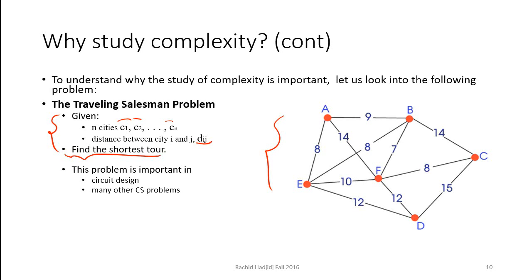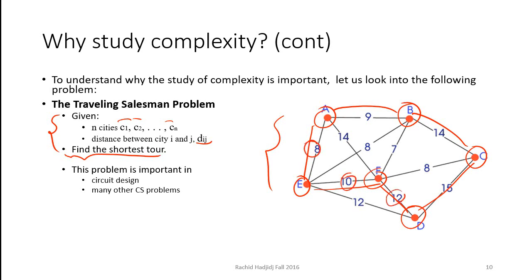A possible tour could be to start from A, then go to E, then F, then D, then C, then B, then come back to A. The length of this tour would be: take 8, add 10, then 12, then 15, then 14, then 9. And if you do the sum, you will get the length of the tour.